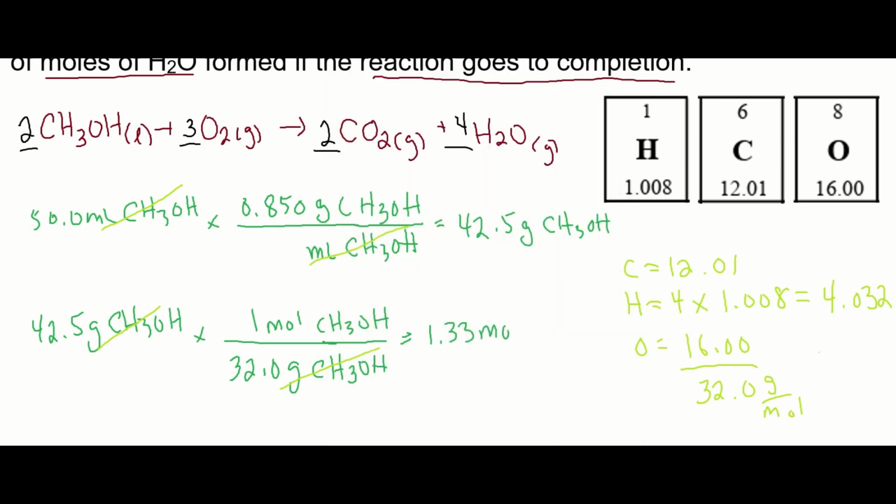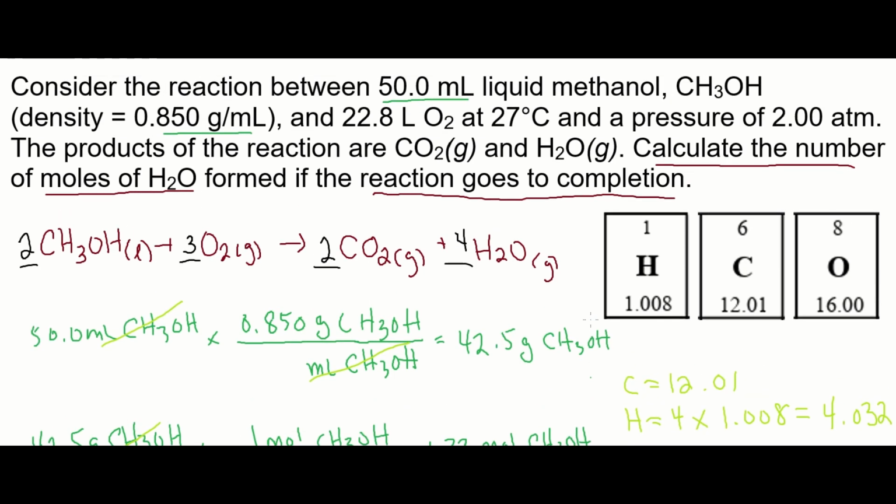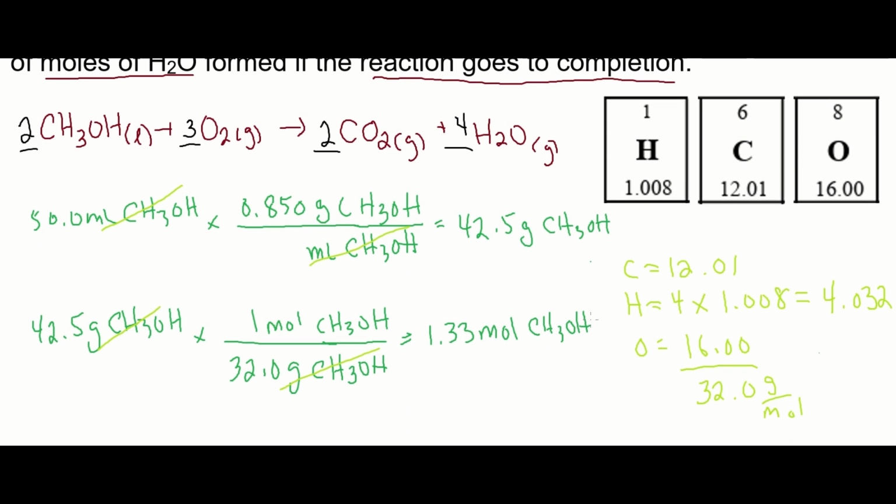So let's see how many moles of water we can form with this amount of methanol. I know what some of you are probably thinking. We can write out all the steps and then punch in all the numbers at once, and that'll save you some time. So I'm doing this so I can break this down into steps. So step 2 is to use the mole ratio from the balanced equation to convert to the desired substance, which is water.